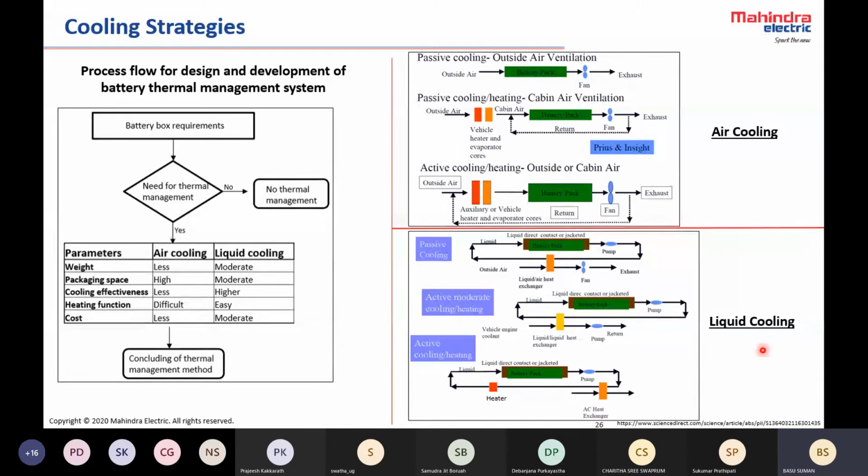Nobody wants that. The second thing is that the volume of air required to take out that much heat is a lot more, so you have to package that volume also. If you package the volume for those air ducts, that means volume for the battery is taken out. Nobody wants that either.